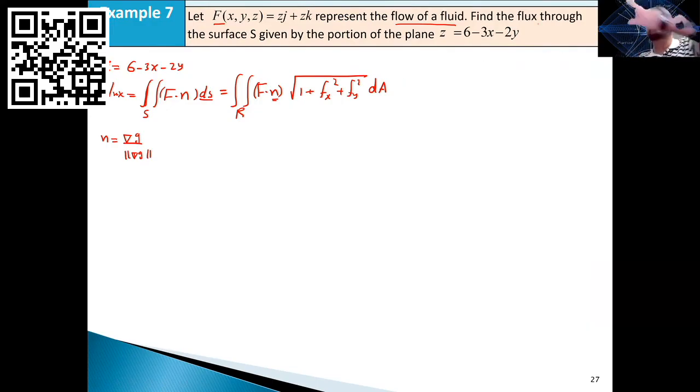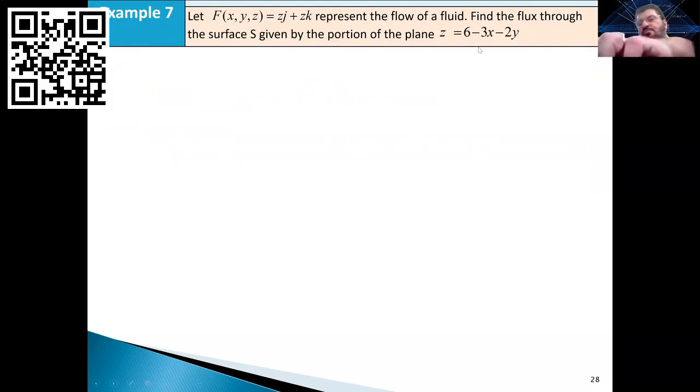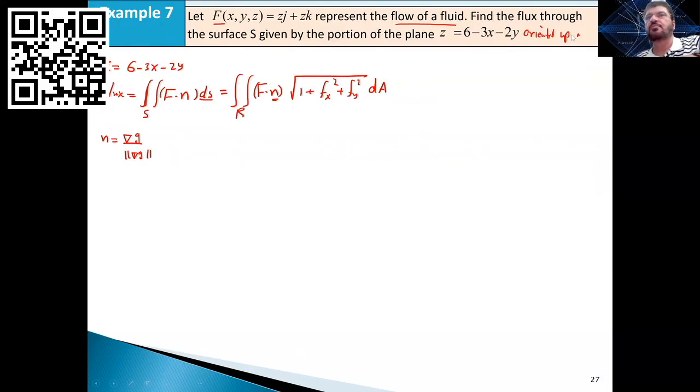Find the flux through the surface, okay? Given this, let's suppose it's pushed outside, oriented outward. Goes outward, outside.